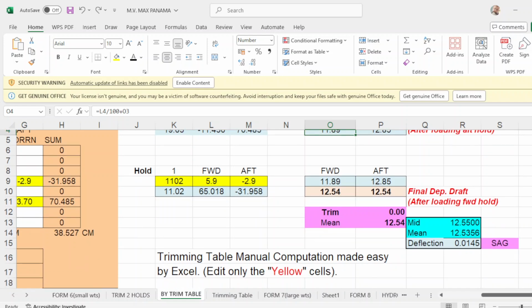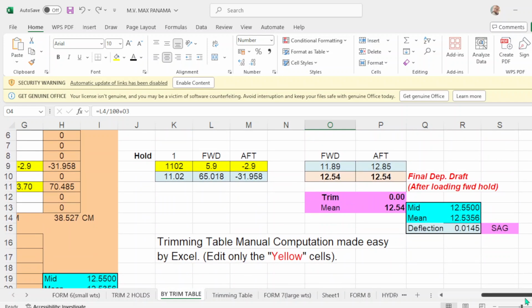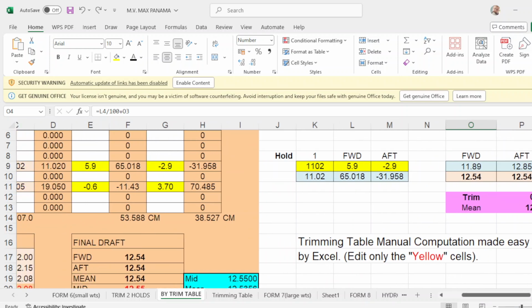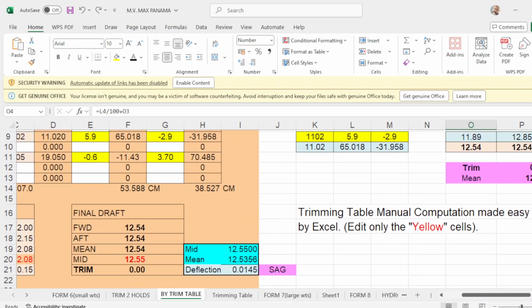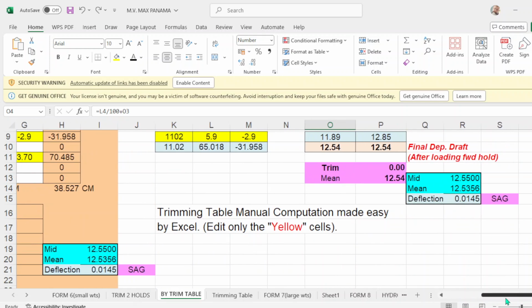Okay? Take note. The main is 12.54, but the mid is 12.55. So you have here the mid, you have deflection of 0.1 sag.